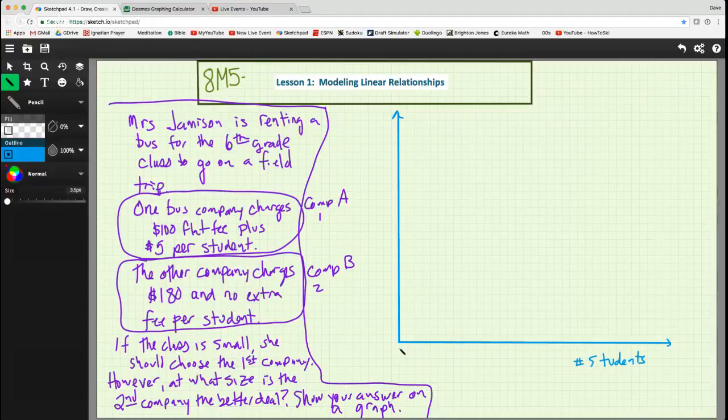And then we'll go from, say, 0 to 25, counting 1, 2, 3, and so on up to 25. We'll see if we have to go further. And then here we're going to have the cost.